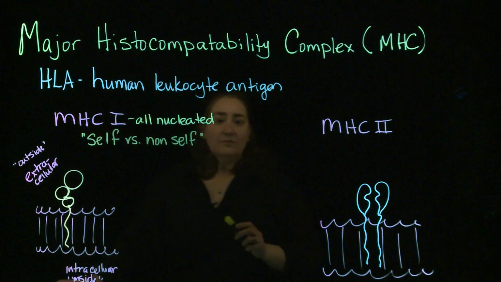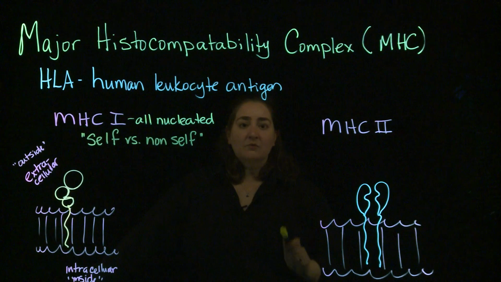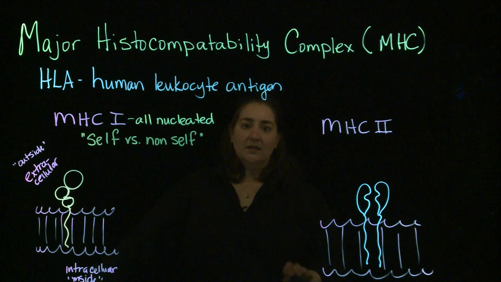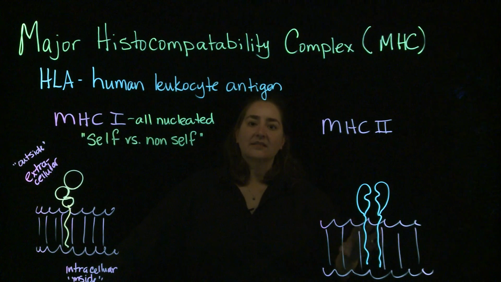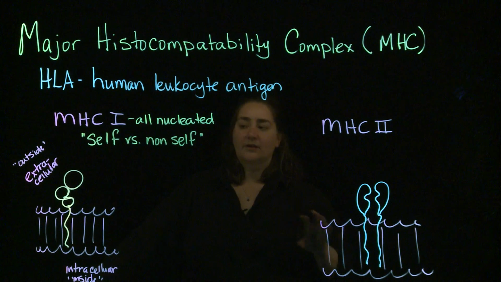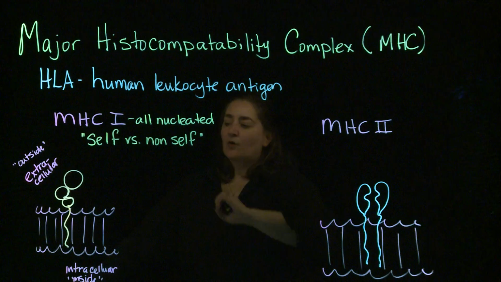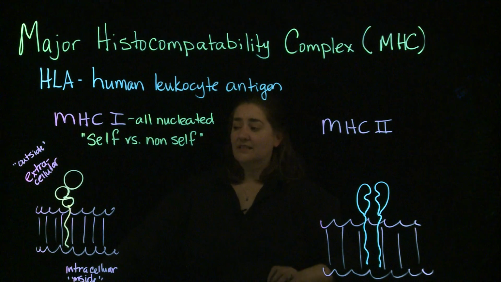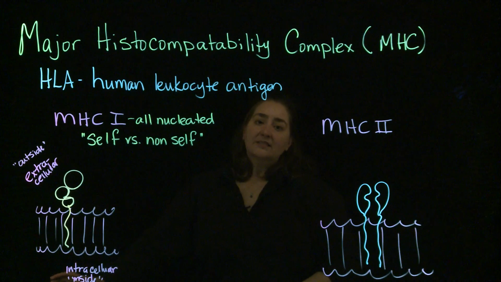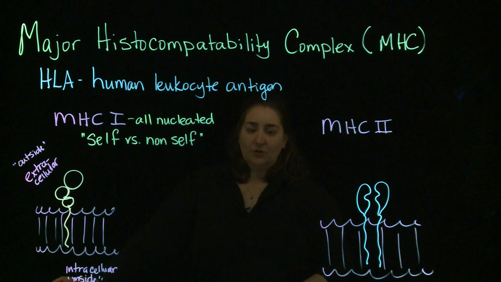Because it's really important that the immune system has a way to identify the cells that belong versus the cells that don't belong. So MHC1 is a way that that immune system can recognize whether or not that cell belongs in your body.